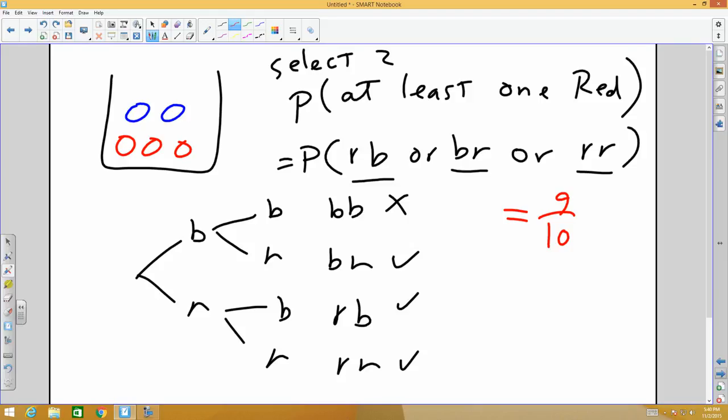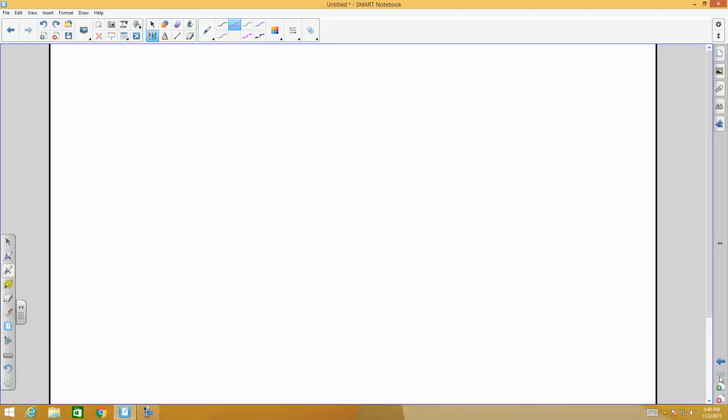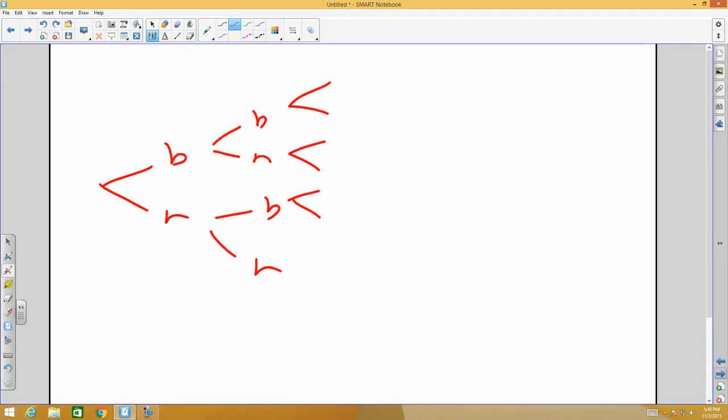If we select 3 times, then the tree diagram will look a bit more complicated. It's very unlikely, but it might happen, if the question wants to be challenging. So you will have blue-red, and then you have also blue-red. But the problem is, you have only two blue.